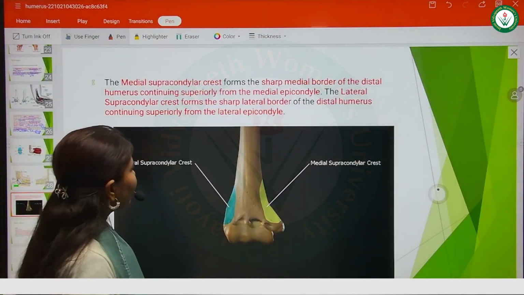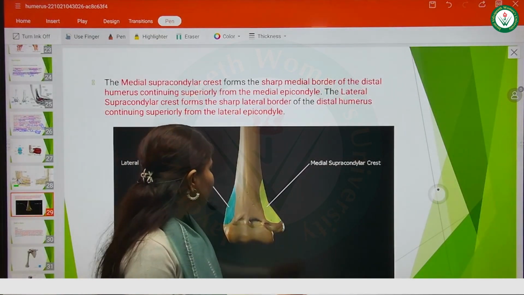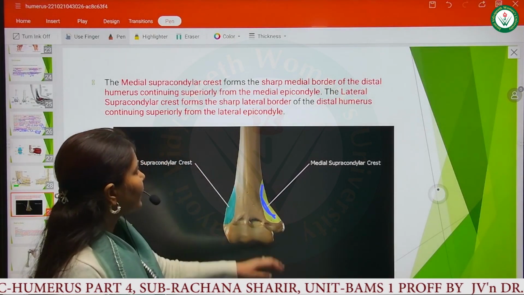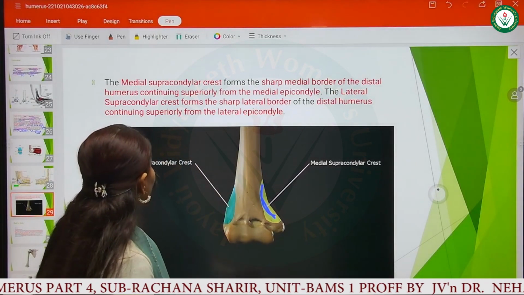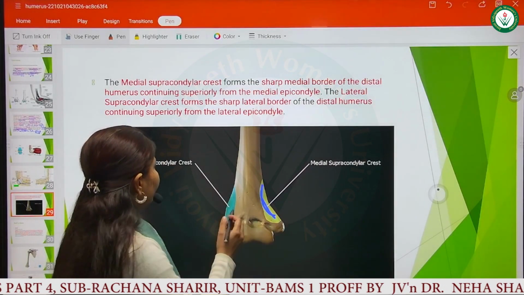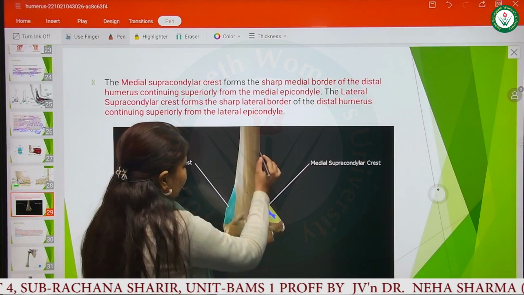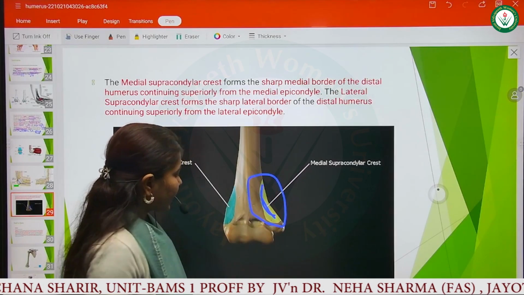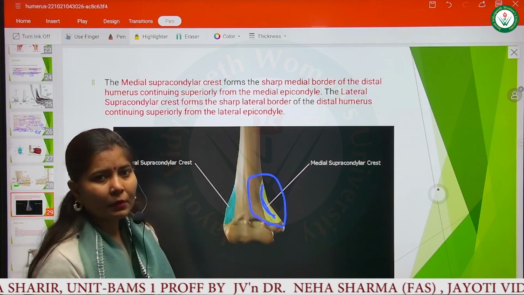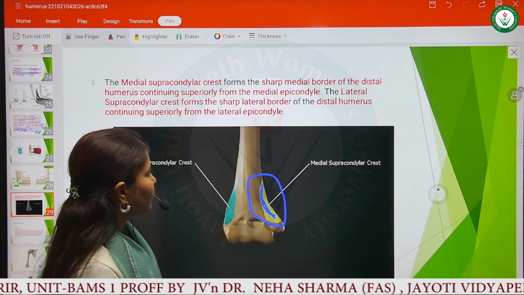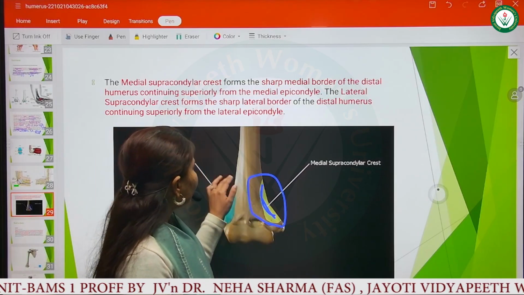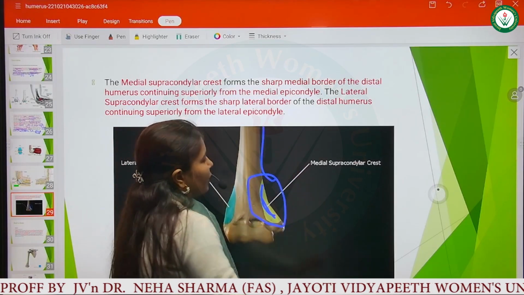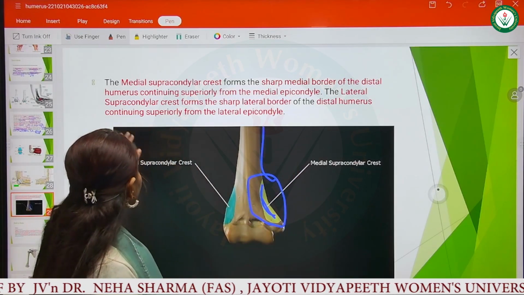So the medial supracondylar crest forms the sharp medial border of the distal humerus, continuing superiorly from the medial epicondyle. So the medial supracondylar crest is situated above the medial epicondyle of the humerus bone, and it is continuous with the medial border of the shaft of the humerus.